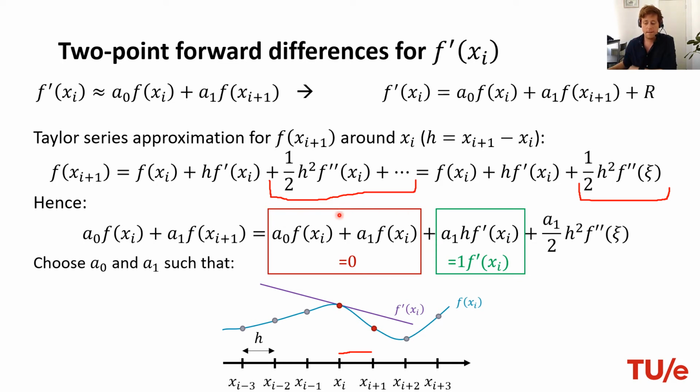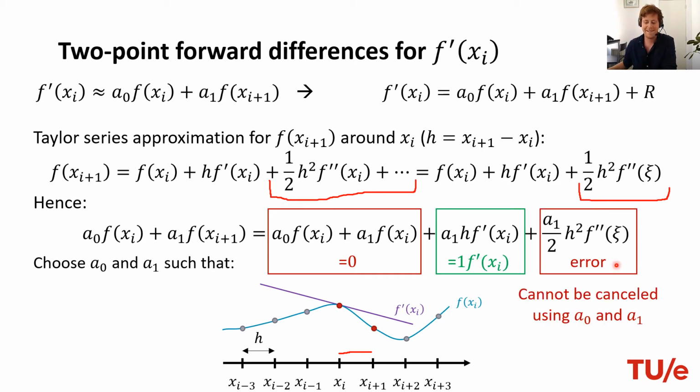We also said that if h is small and if f double prime is small, this term is quite small anyway. And fortunately, because we now have two conditions on two parameters, a0 and a1, this final thing will be the error. We cannot cancel this out anymore using only two coefficients.